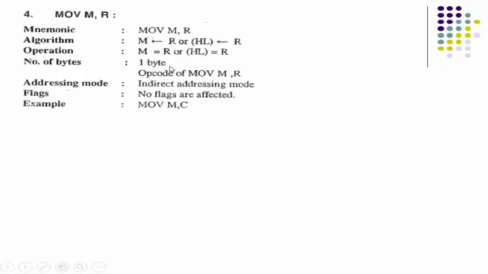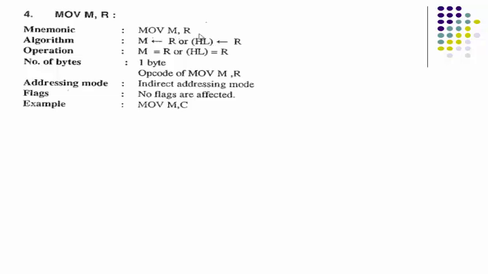The size of the instruction is 1 byte. Only one opcode you will find for this particular instruction. Addressing mode: definitely indirect, or register indirect addressing mode. Why? Because the data available in the specified register gets copied indirectly to the location pointed to by the HL register pair.